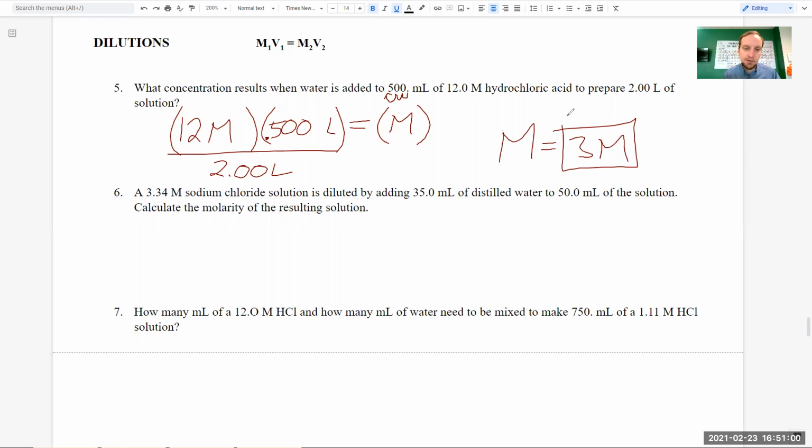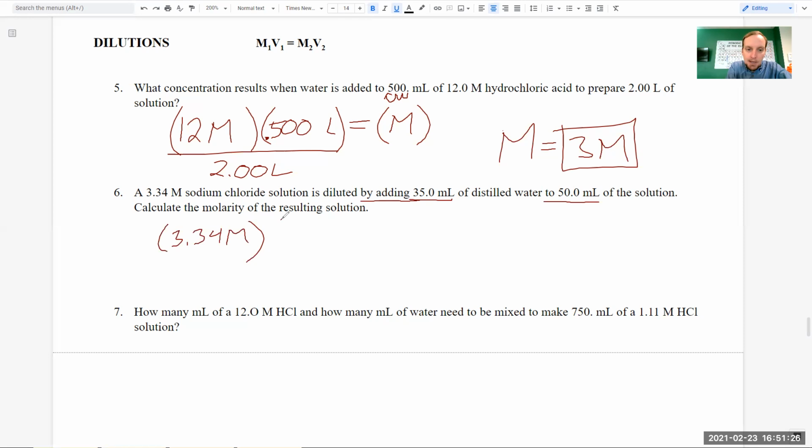Number 5 was not that difficult to figure out what our original molarity and volume were and our final molarity and volume. Number 6, they kind of make it a little complicated. We have our original 3.34 molar solution diluted by adding 35 milliliters. That is not my original volume. We're going to add that to 50 milliliters.